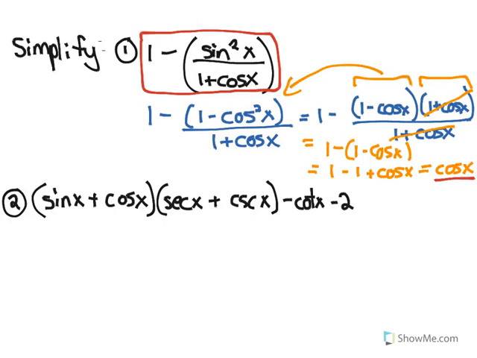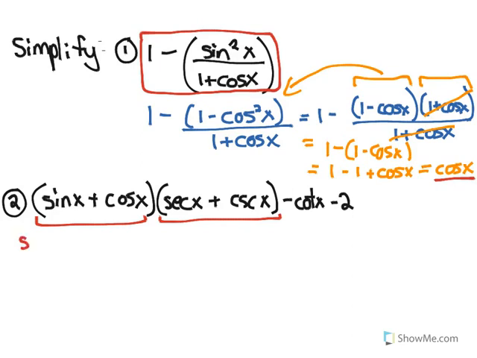Now let's look at the second one. Seems like a lot more is going on. From an operation standpoint, we've got a bracket times another bracket and then minus two other terms. So we can't really do anything with those minus two terms until we expand our bracket. So I'm just going to FOIL these out or multiply them out.